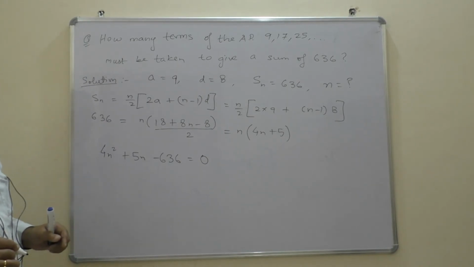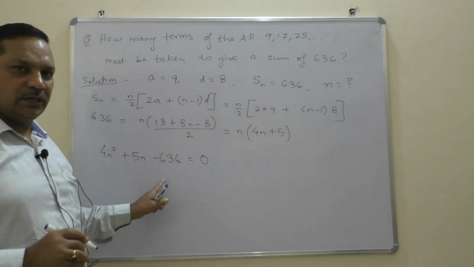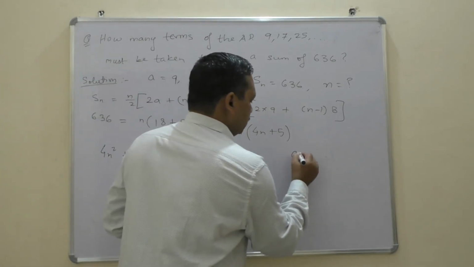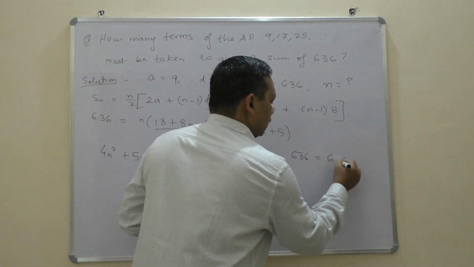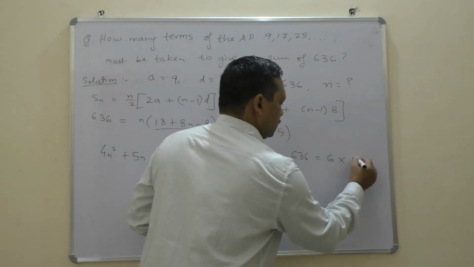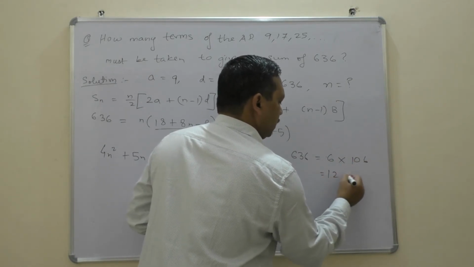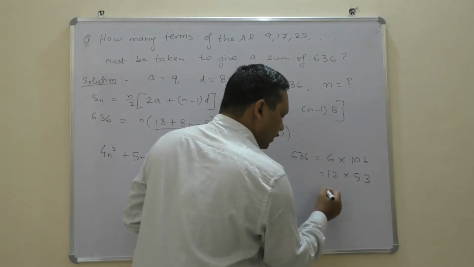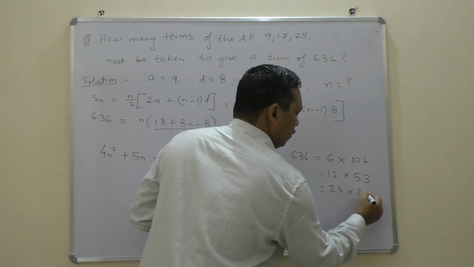Now let us find the factors of 636. 636 is 6 multiplied by 106, which is 12 multiplied by 53. If I double it, 24 multiplied by 29. Now I get the difference 5.